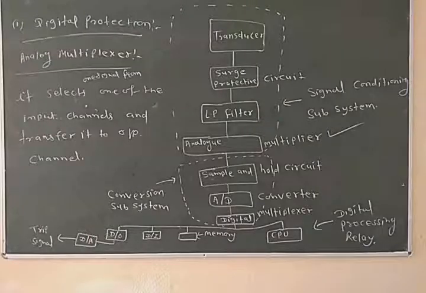The output received from the analog multiplexer is sent to the sample and hold circuit.